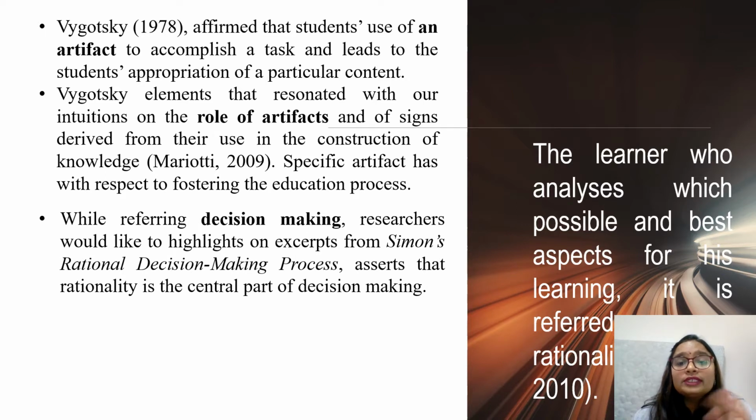For example, when an individual or learner is faced with a number of alternatives during learning, the learner accepts one or two alternatives, which are affordable, the easiest way, or accessible technology, or the one he or she requires. It means the learner analyzes which are possible and the best aspects for his learning. It is referred to as rationality.